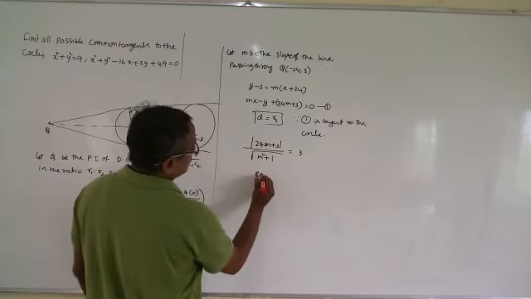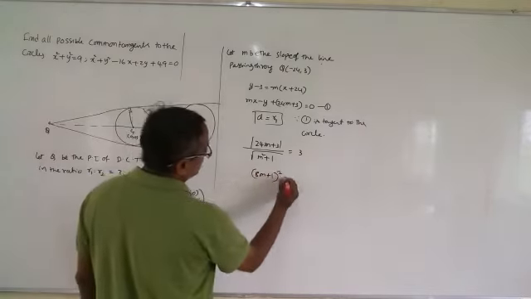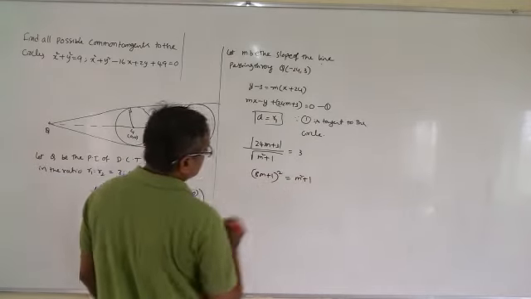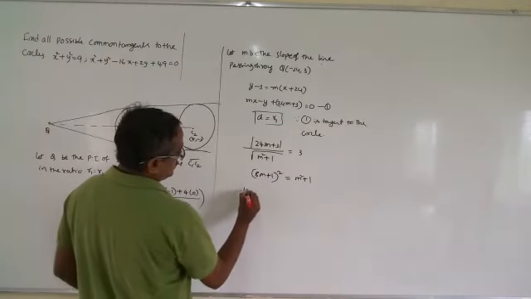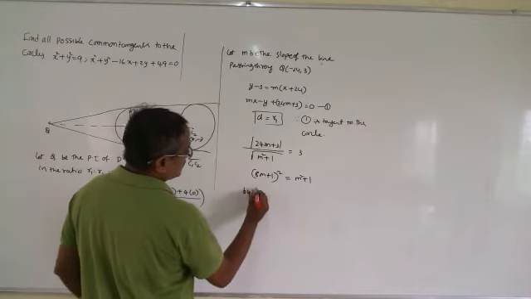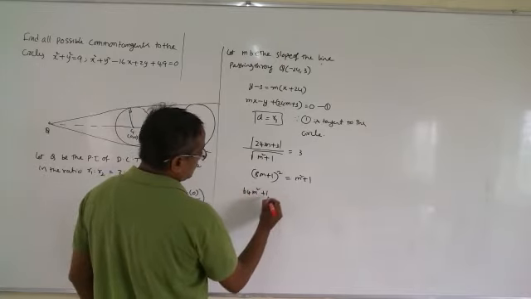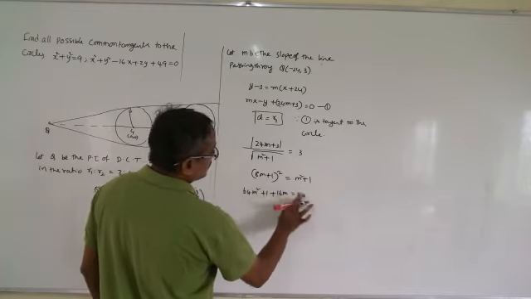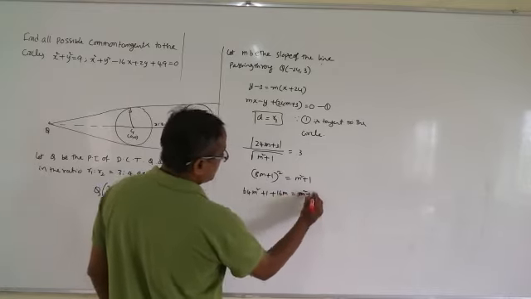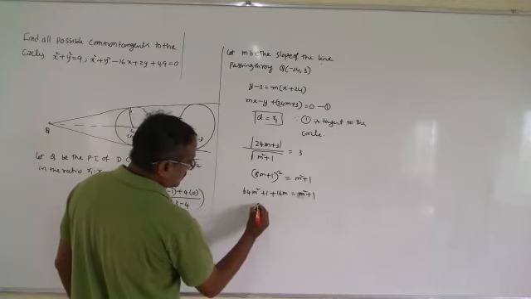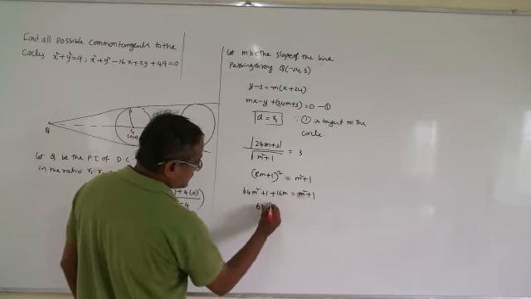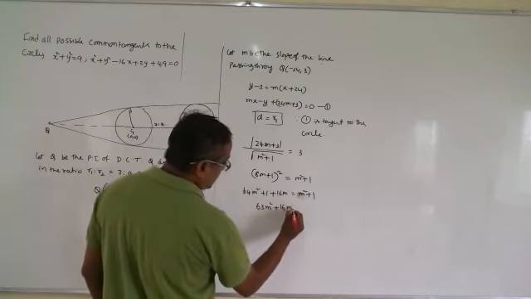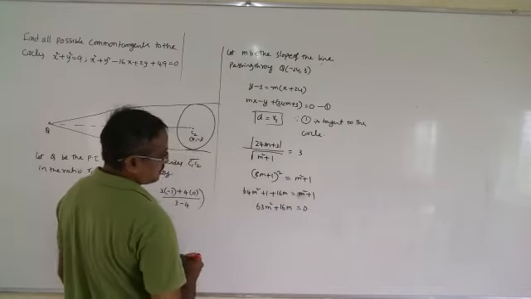So (8m plus 1) whole square is equal to m square plus 1. So 64m square plus 1 plus 16m is equal to m square plus 1. So 63m square plus 16m is equal to 0.